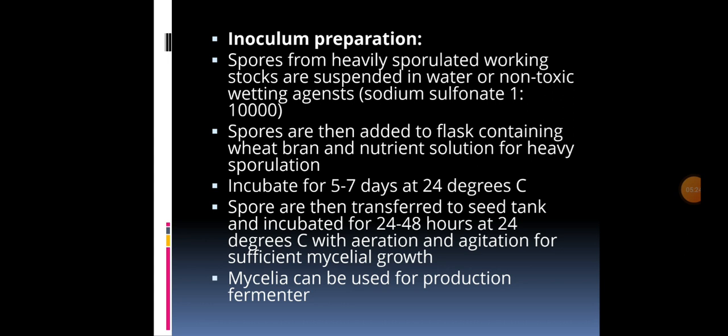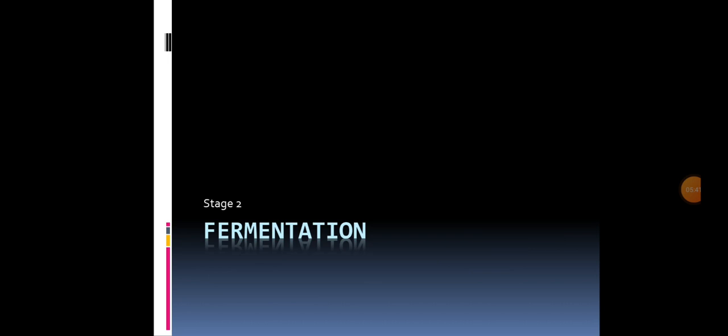These spores are then transferred to a seed tank and incubated for 24 to 48 hours at 24 degrees centigrade with aeration and agitation for sufficient mycelial growth. The obtained mycelium can be used for the production fermenter.